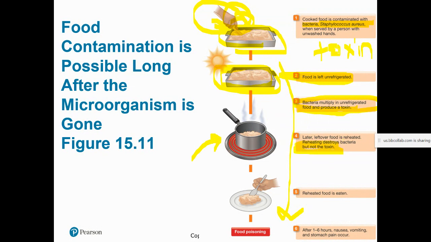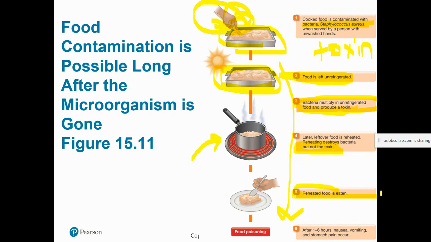But as I mentioned up here, the toxin itself is a lot more robust than the bacteria. So the Staph aureus replicated and started producing its toxin. Once we reheated the food above 140 degrees Fahrenheit, the Staph aureus died off, but all the toxin that it was producing didn't die off.